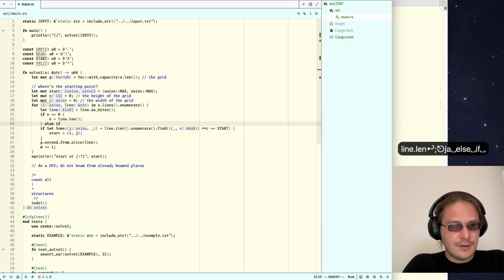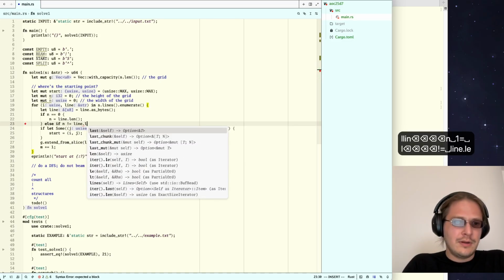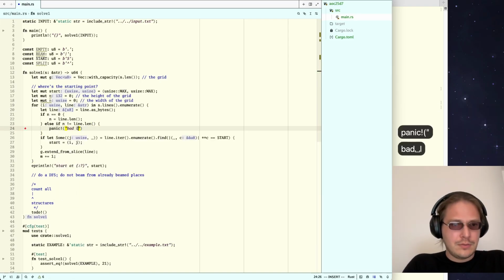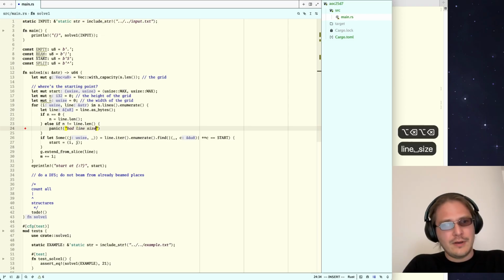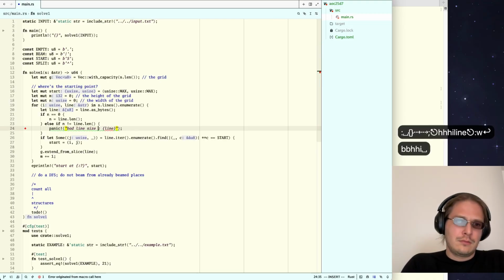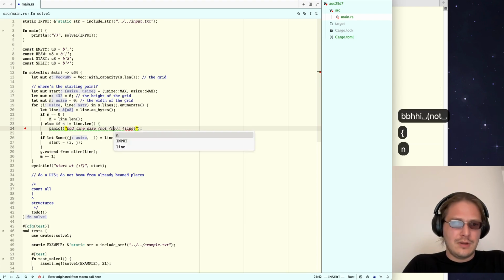Else, if n is not equal to line length, we panic. That line, add line size, line, not n.